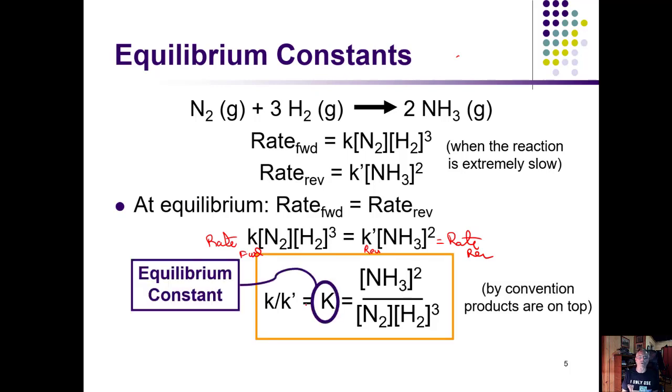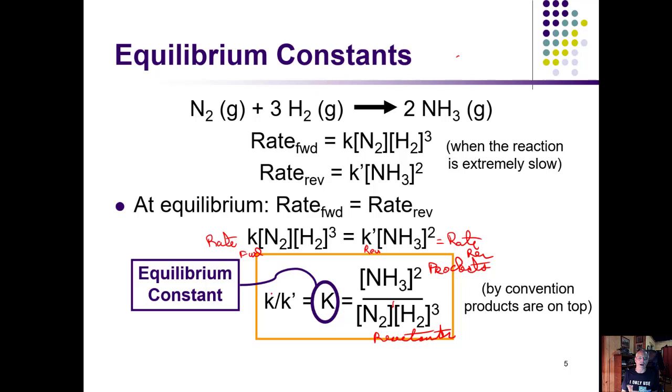And then we solve for the equilibrium constant expression, and our protocol is to have the products in the numerator. So here are your products raised to their coefficients as powers, divided by the reactants, raised to their coefficients as powers. This is a 1 here, this is a 3 here, that's the coefficient of hydrogen.